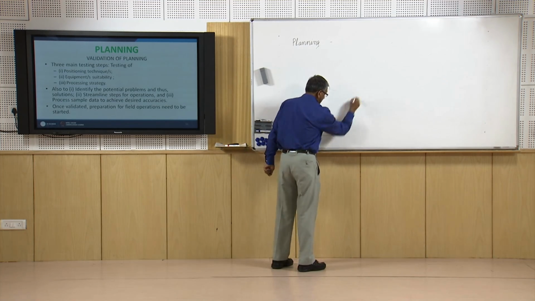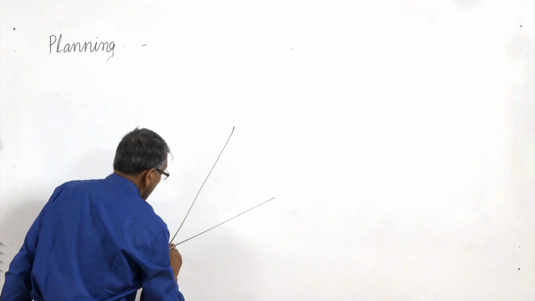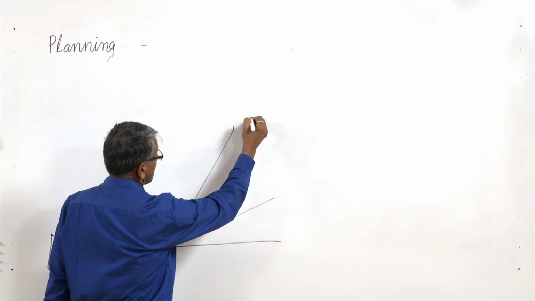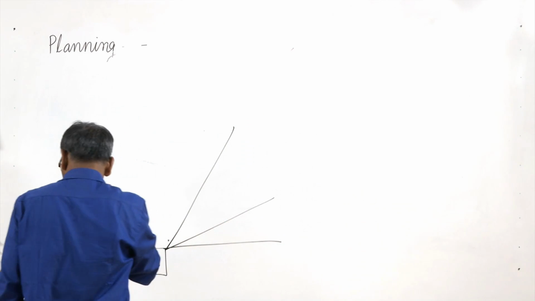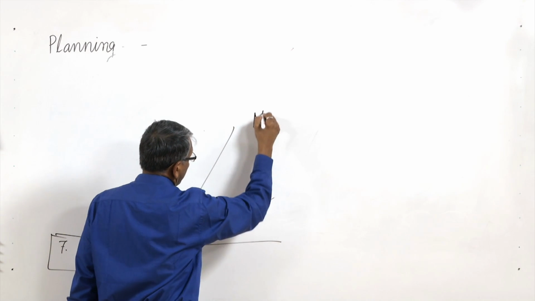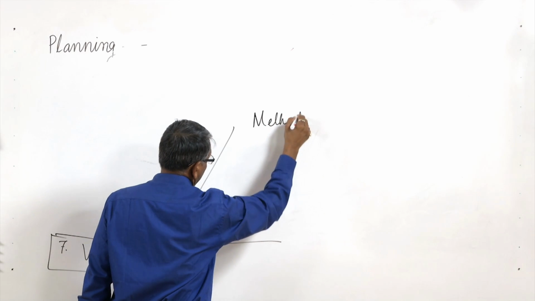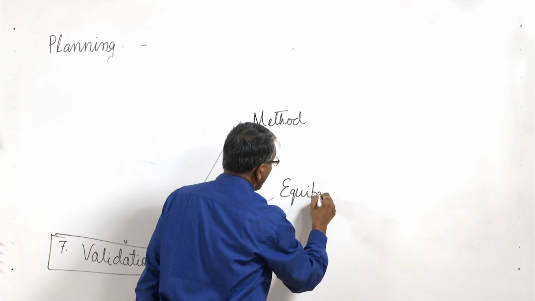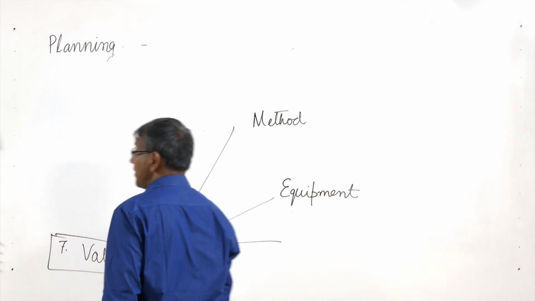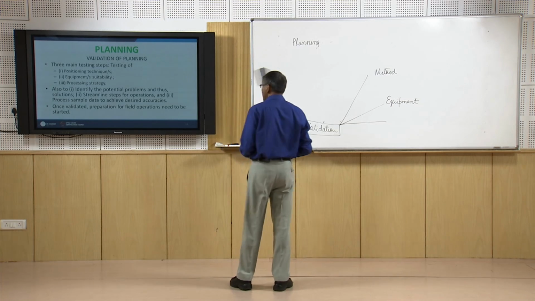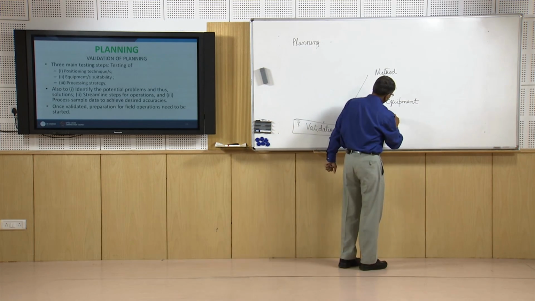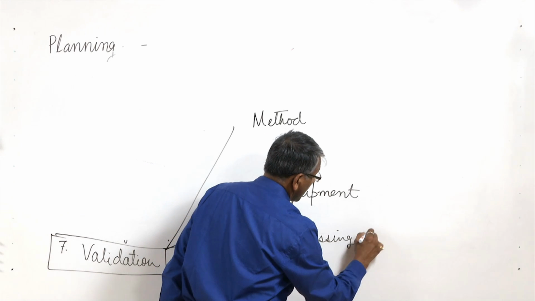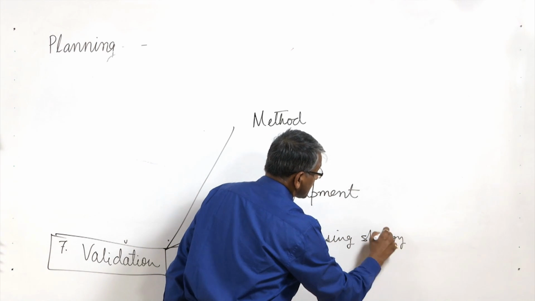The validation of planning in GPS surveying consists of: you should first validate the method, then validate the equipment, and then validate the processing strategy.